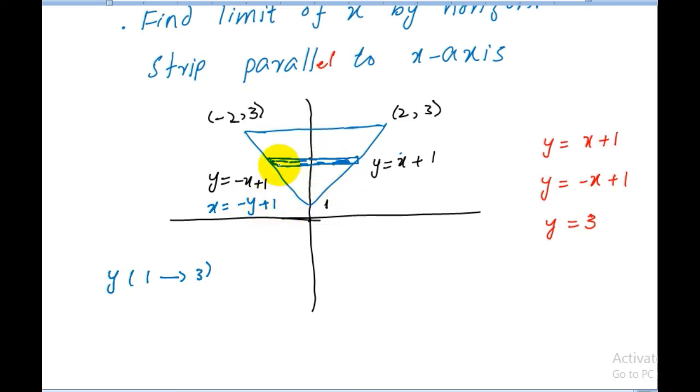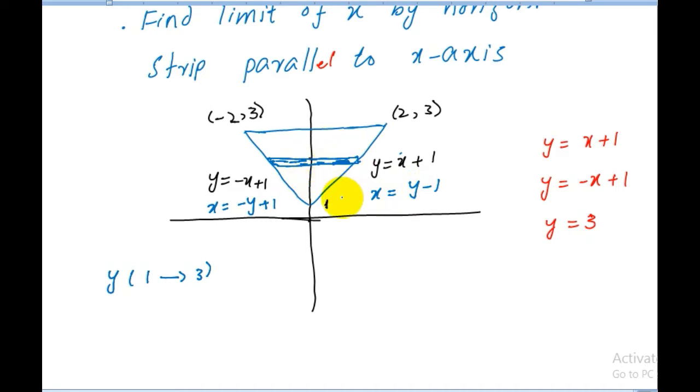Similarly, on this strip we can find the value of x. The second side of this region is y equal to x plus 1. So on this strip, the terminal point of this strip, the value of x is equal to y minus 1.